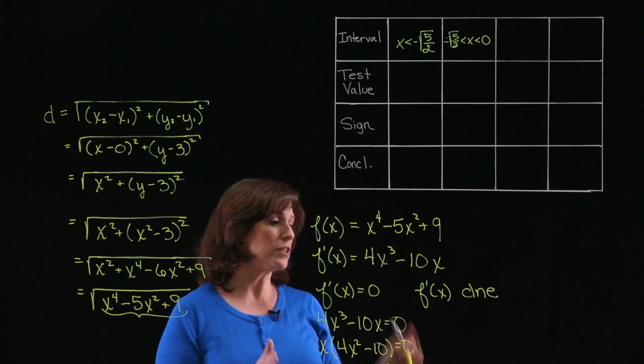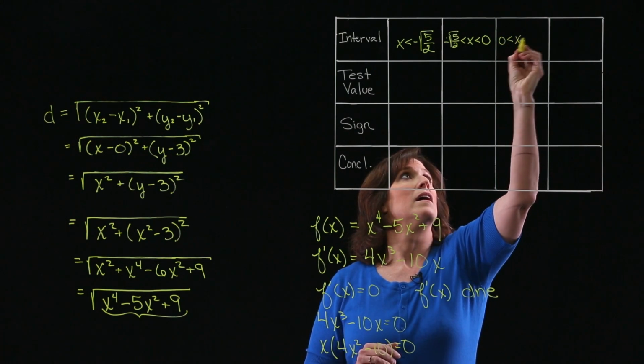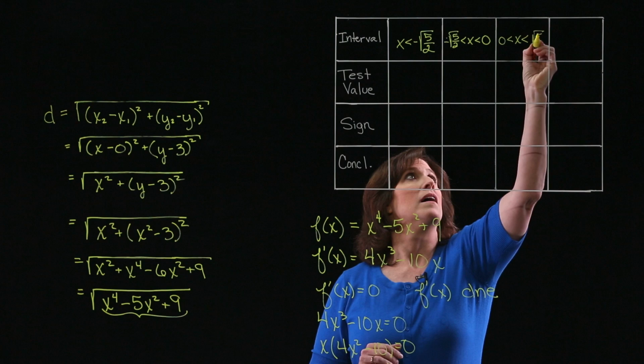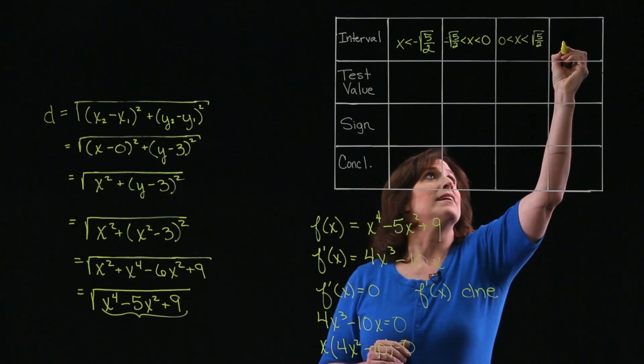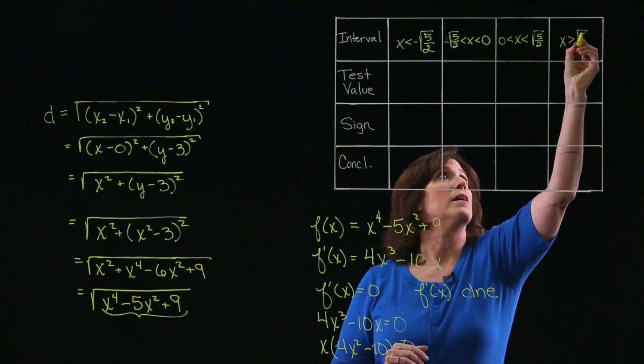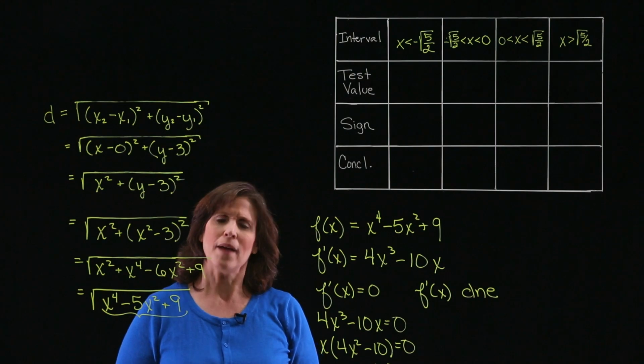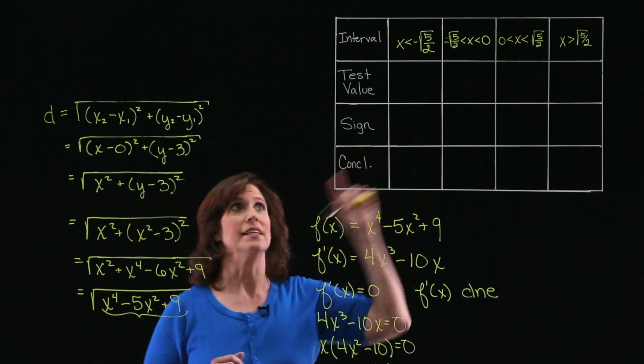Next, I'll go from 0 to the square root of 5/2. And finally, I'll look at the interval where x is greater than the square root of 5/2. Okay, so we need a test value for each of these intervals.